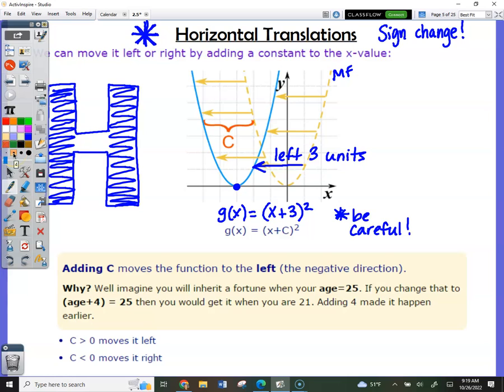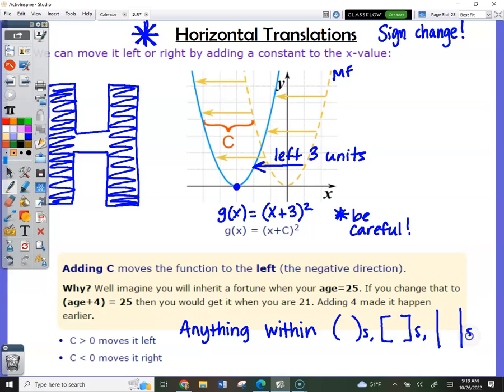I want you to write, and you might want to wait until I write it all to see how big you need to write: anything within parentheses, brackets, absolute value bars, under the radical is counterintuitive, which Ms. Holcombe likes to say, backwards.